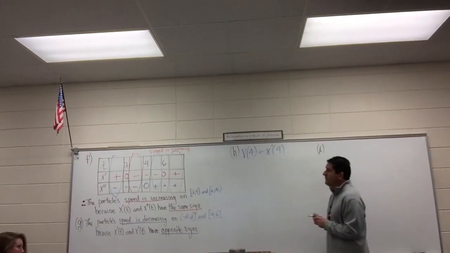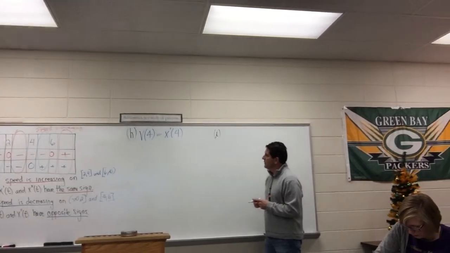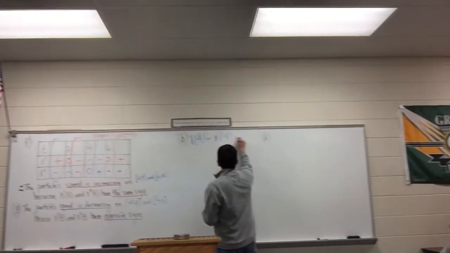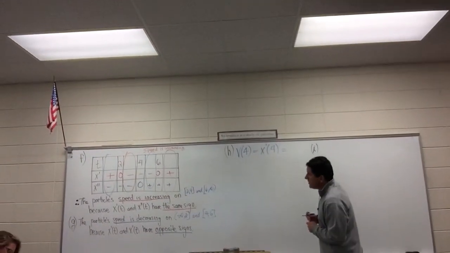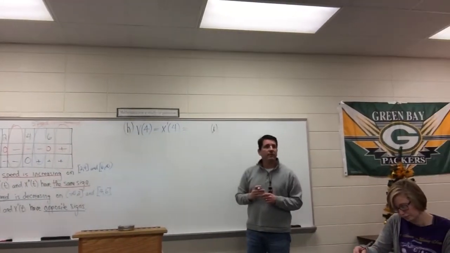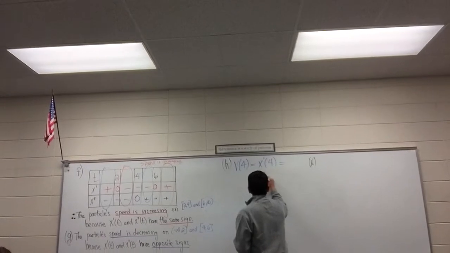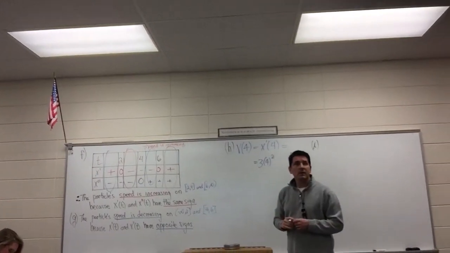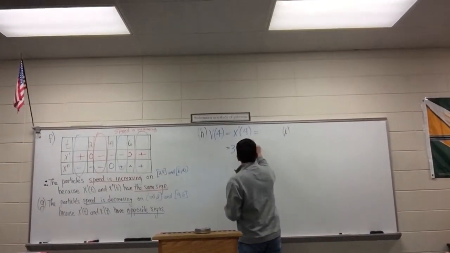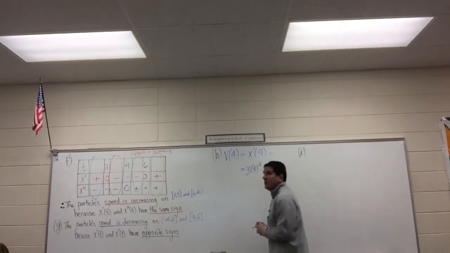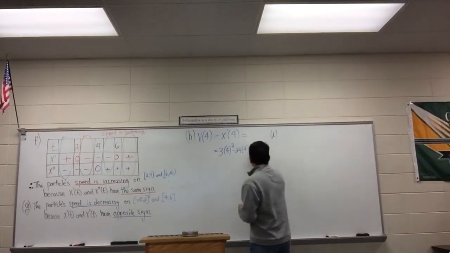You can write either one for this and it works out. So what does this equal? Well, velocity is the x prime function. So it's equal to 3 times 4 squared minus 24 times 4 plus 36.